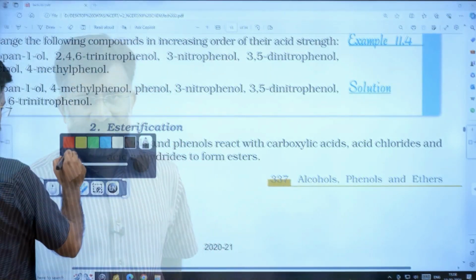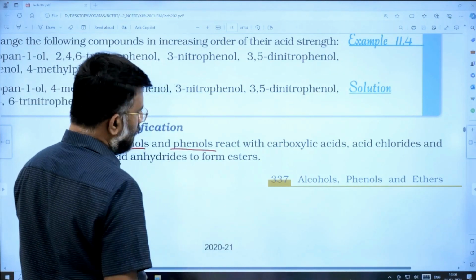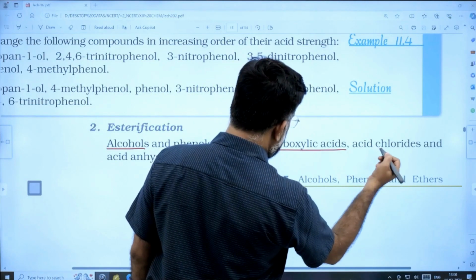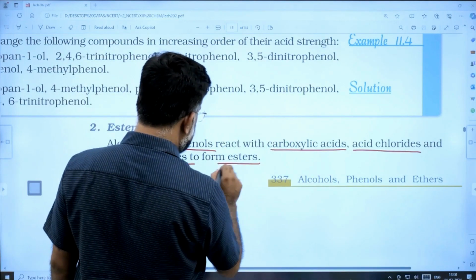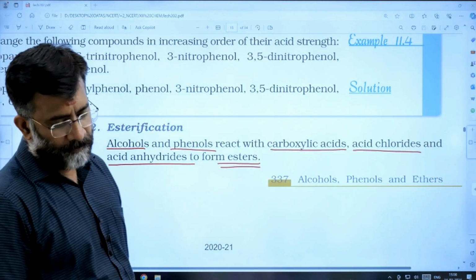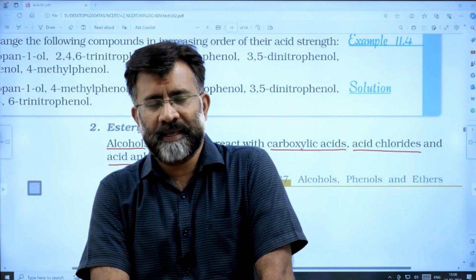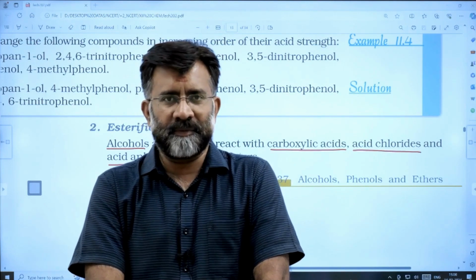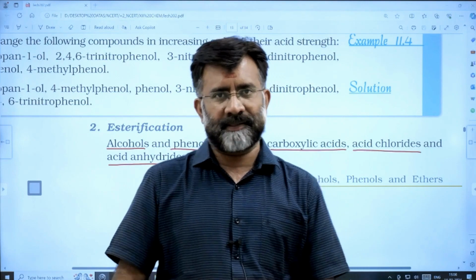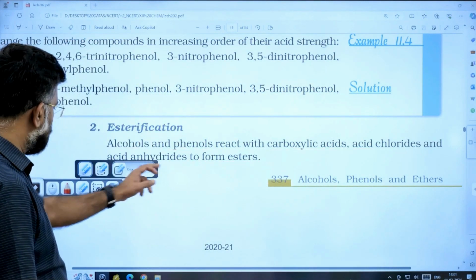In esterification, alcohols and phenols react with carboxylic acids, acid chlorides and acid anhydrides in acid medium to give esters, right? Let's have a look at the various examples concerned.